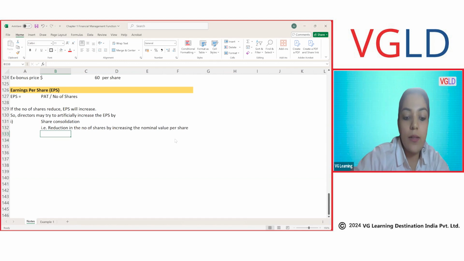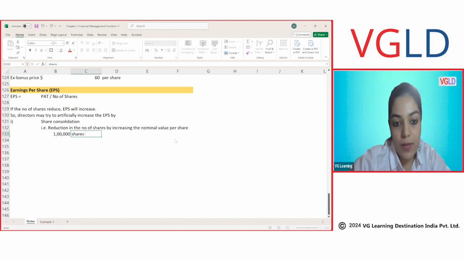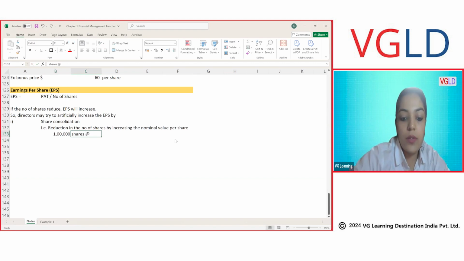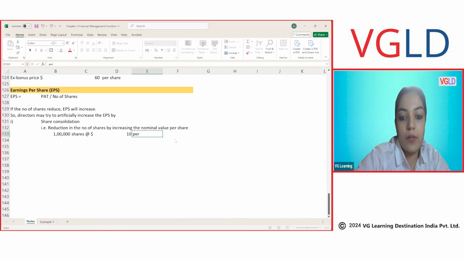So earlier, say we were having 1 lakh shares, the nominal value was $10 per share.